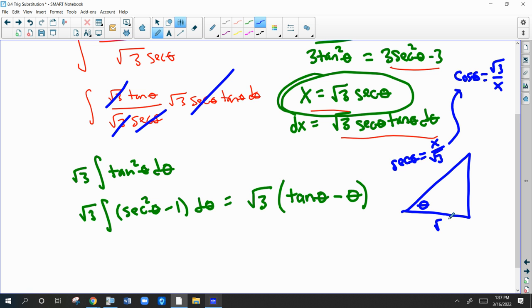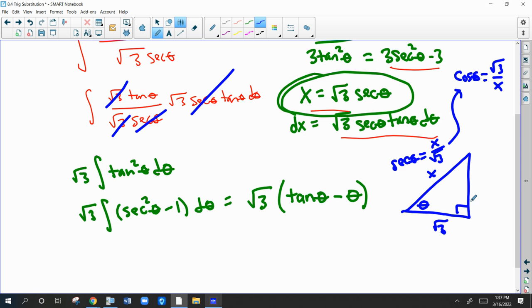adjacent over hypotenuse on a right triangle, and I draw a right triangle, let me erase that, hold on a second. So adjacent is root 3 over hypotenuse x on a right triangle.